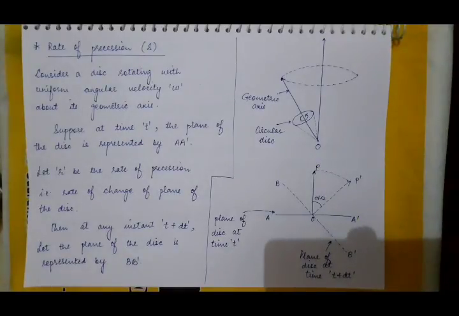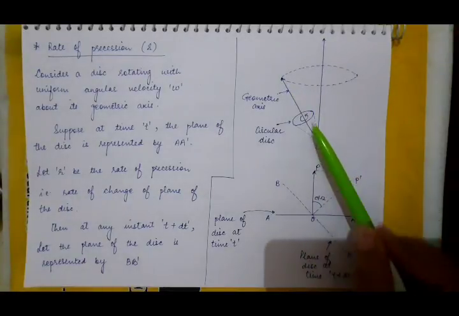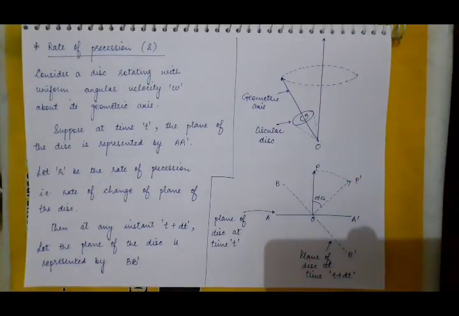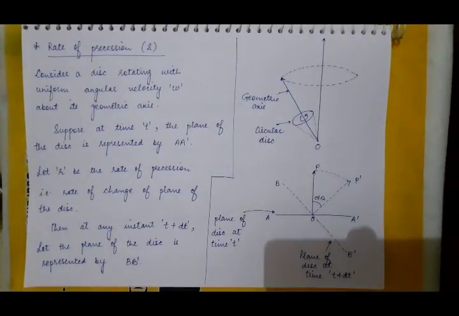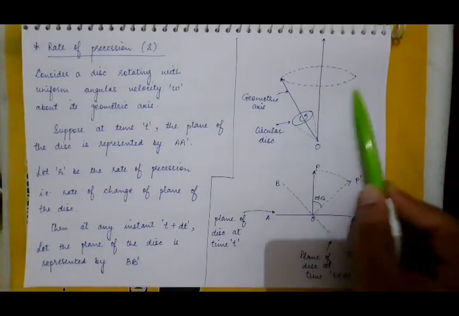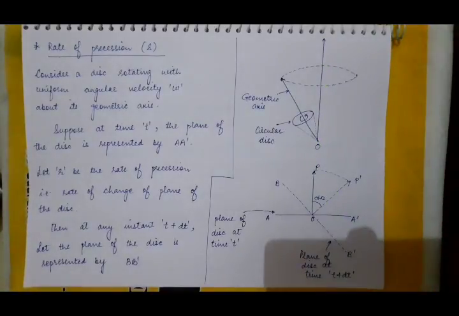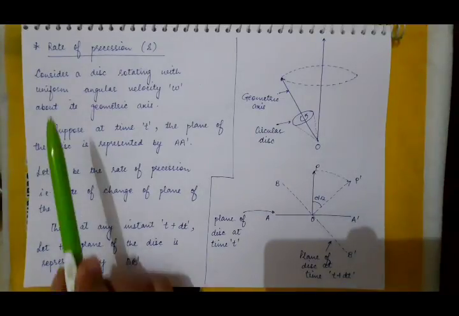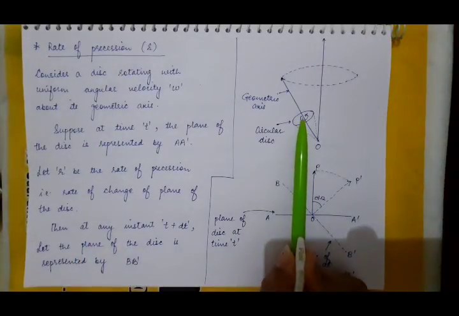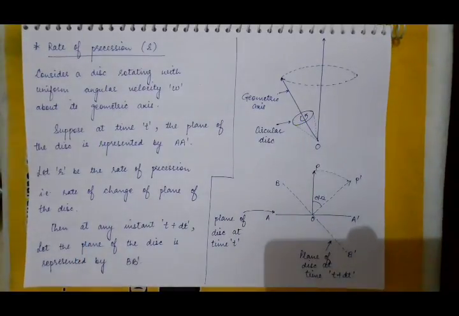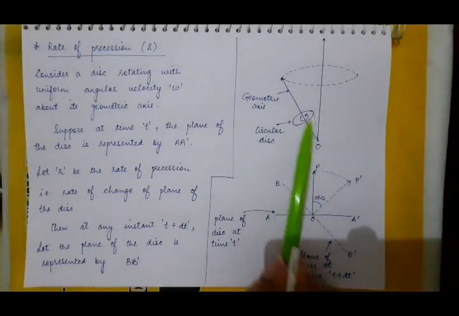Because when you apply torque in a direction perpendicular to this geometric axis, this geometric axis will start rotating in this way about this axis, which is known as precession. So here we have considered a disc which is rotating with uniform angular velocity omega in the anti-clockwise direction about its geometric axis.